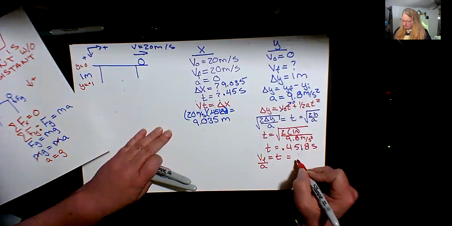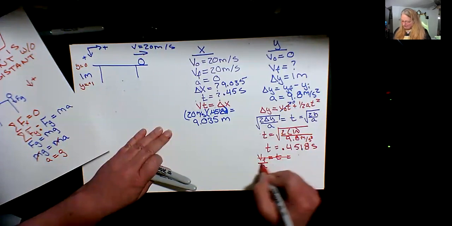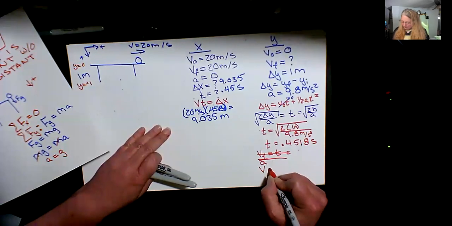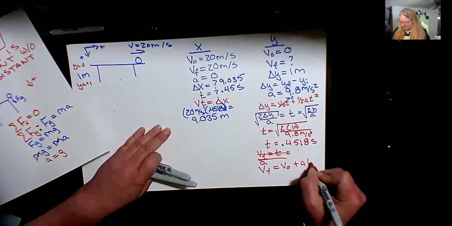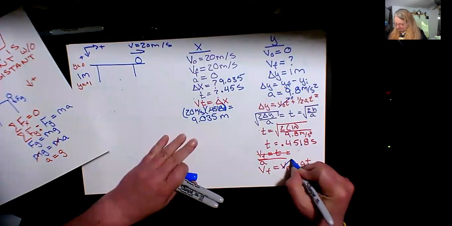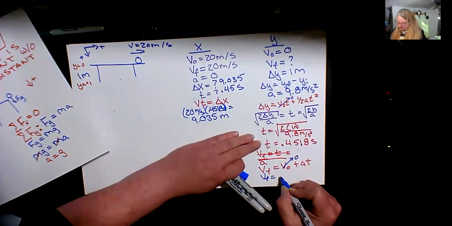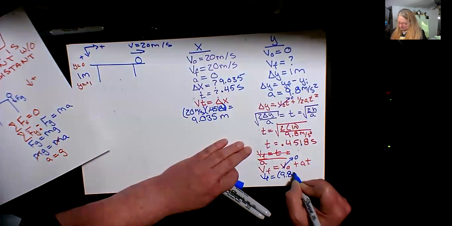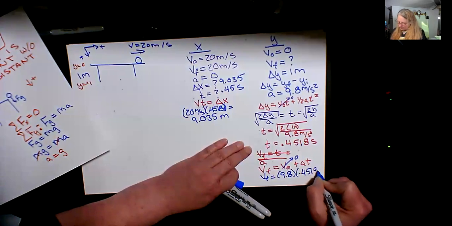So v final equals v initial plus acceleration times time. Started solving for the wrong thing. That's not helpful. That piece is 0. So v final is this acceleration of 9.8 times the time of 0.4518.